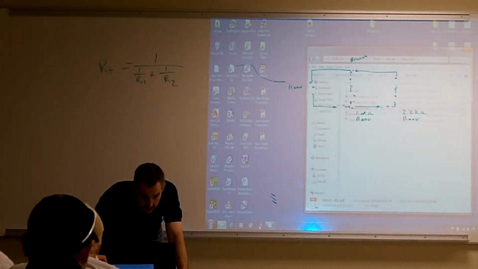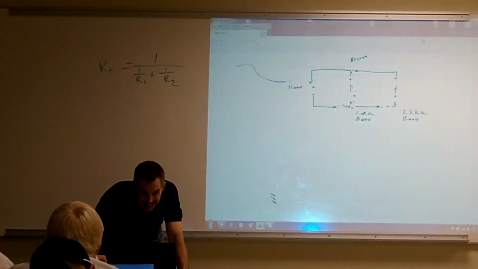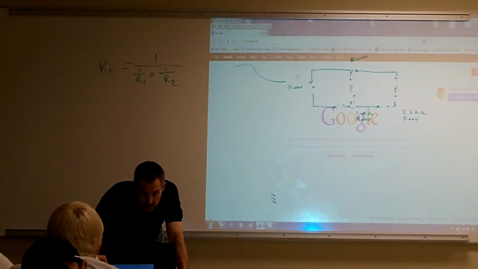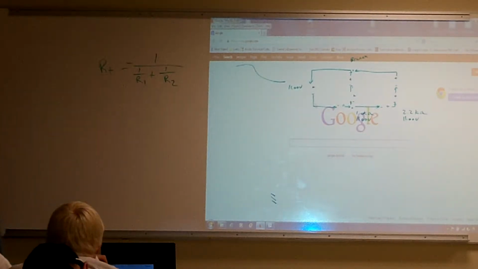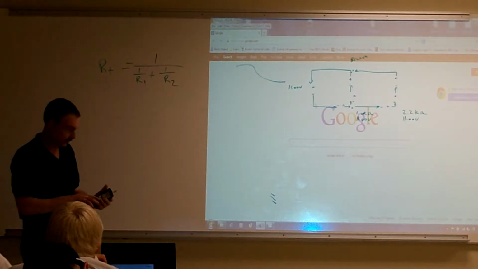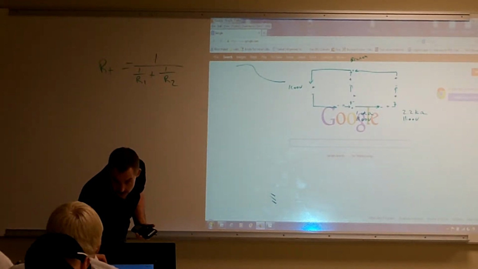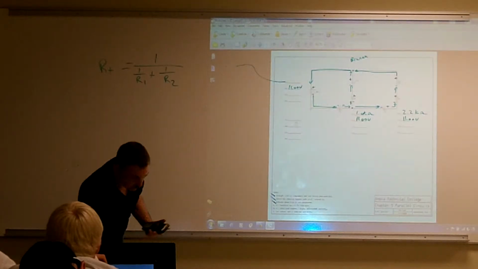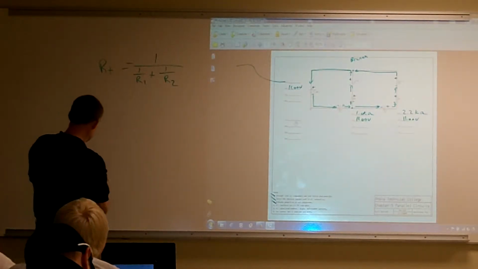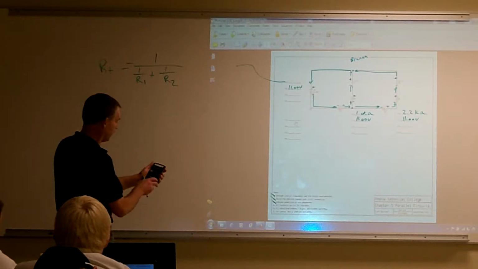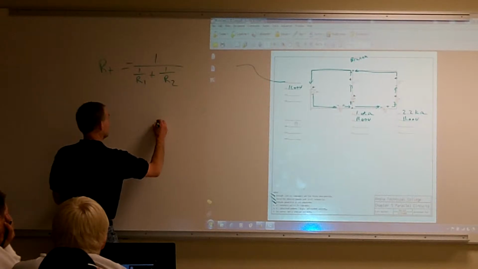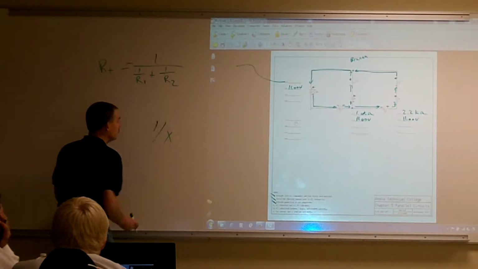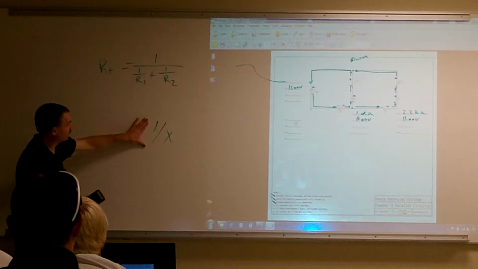Let me bring that up here. 1 over X. On our calculator, and I think that's the same on the TI-30XA2S, we have a key that says 1 over X. This is what we call our inverse key.